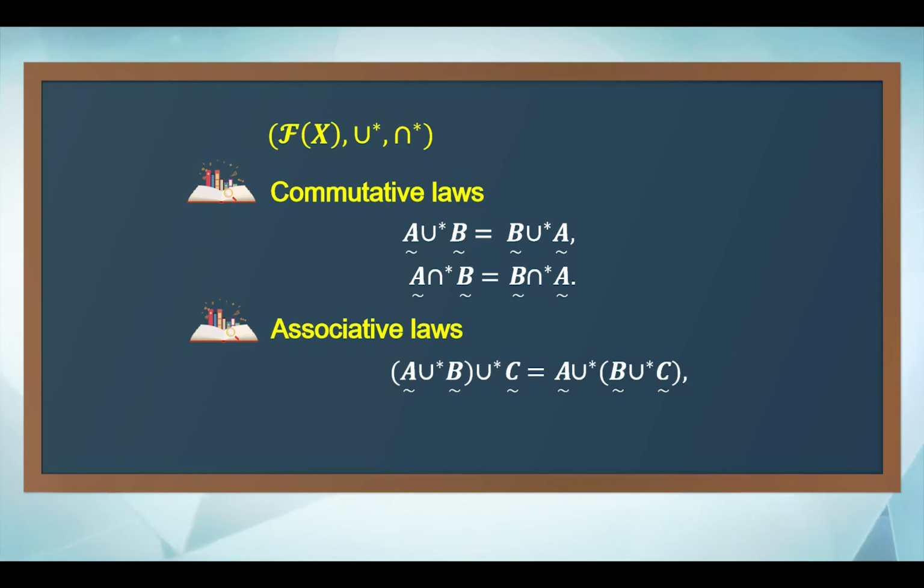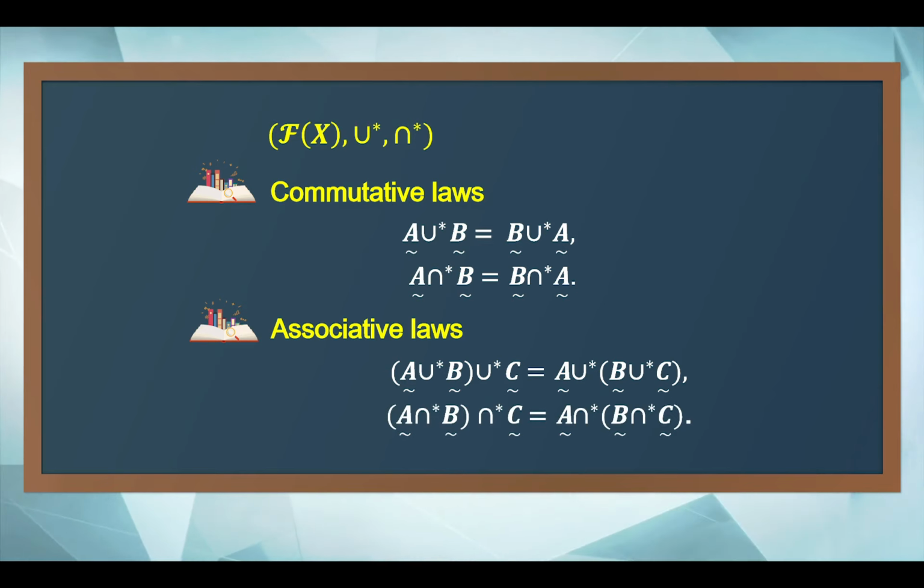The generalized union of A and B union C should be the same as A union the generalized union of B and C. The generalized intersection of A and B intersect C should be the same as A intersect the generalized intersection of B and C.